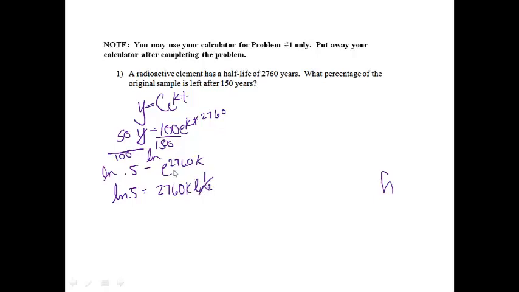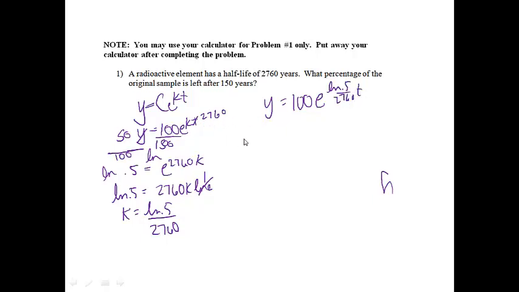The natural log of e is 1, and if I solve this for k, k will equal ln of 0.5 over 2,760.